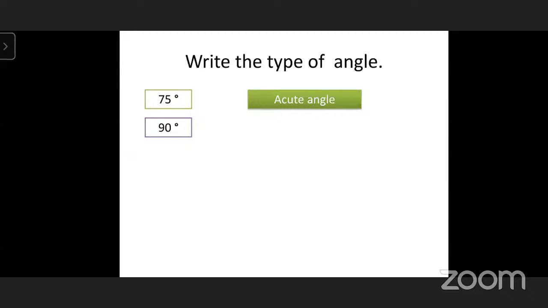This time, Sandeep, just unmute the audio dear. What is the name of the angle? If it is 90 degree, it will be a right angle.